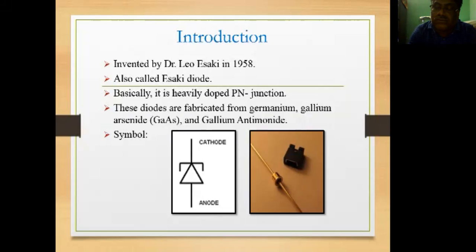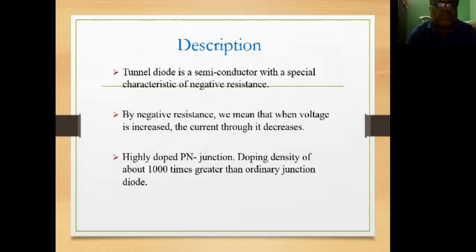Next, description. A tunnel diode is a semiconductor with the special characteristic of negative resistance. By negative resistance, we mean that when the voltage increases, the current through it decreases. In the earlier PN junction, there was forward bias and reverse bias.